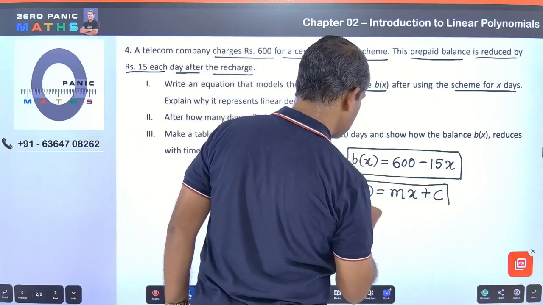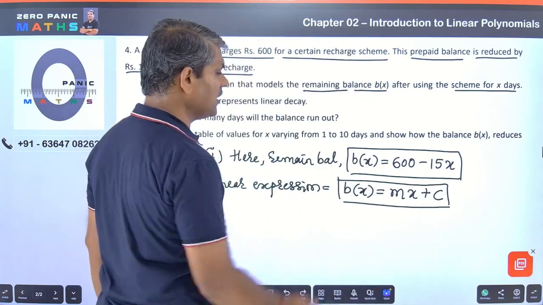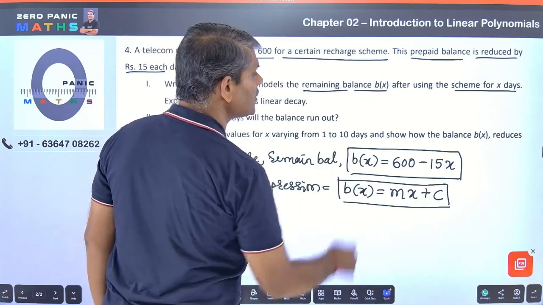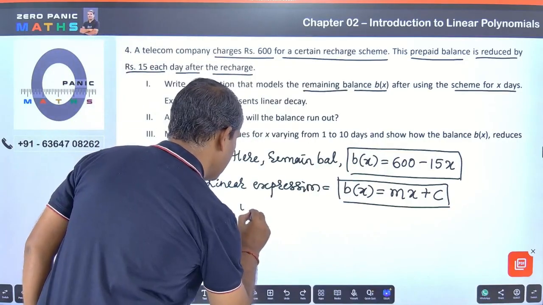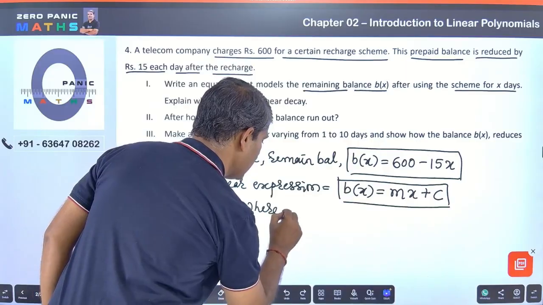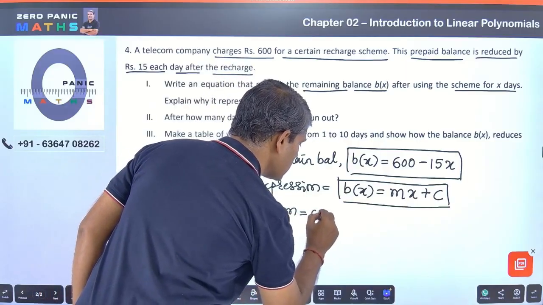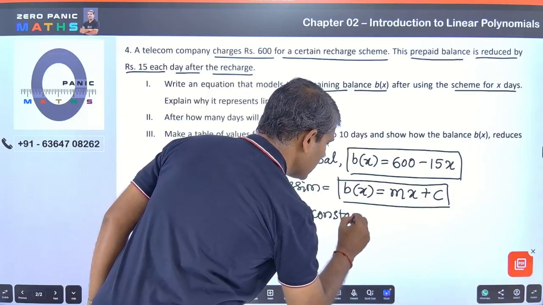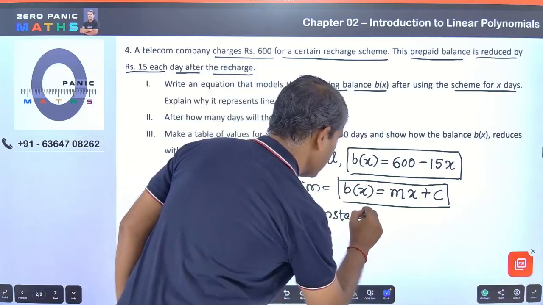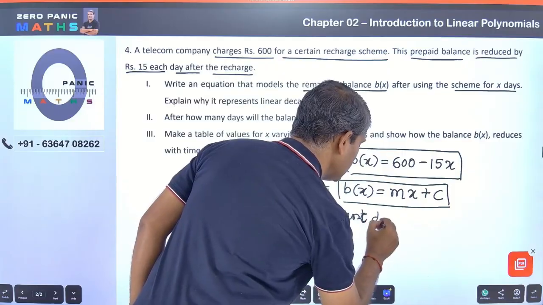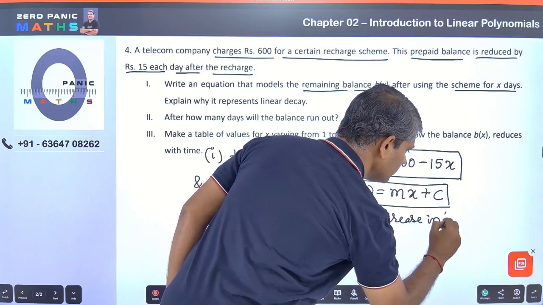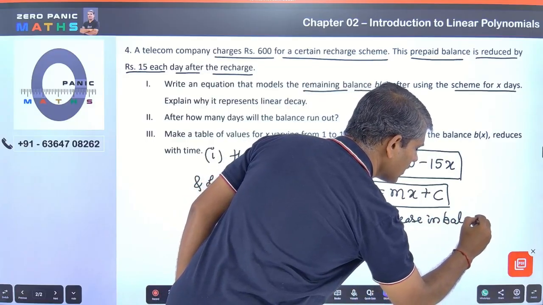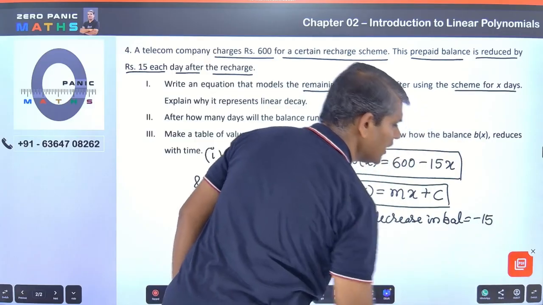Okay, so this is the linear expression representing that, where m is the constant decrease in the balance, right? So where m is the constant decrease in balance, and that is equal to minus 15 every day.